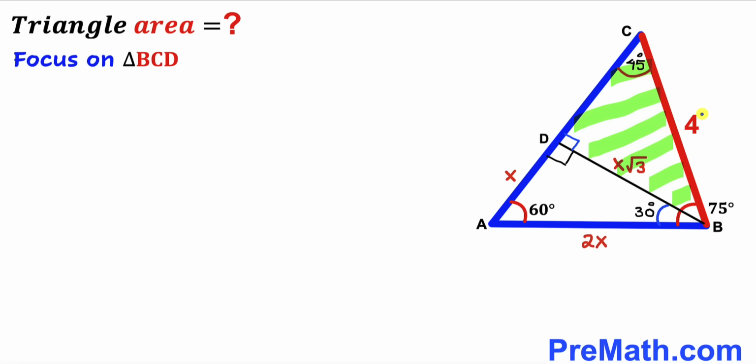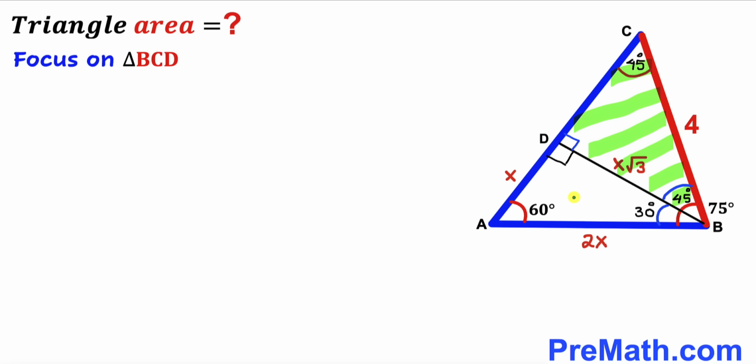Now we are going to focus on this other triangle BCD. Let's make an observation. We can see that this whole angle is 75 degrees, this angle is 30 degrees, so this remaining angle has got to be 45 degrees.